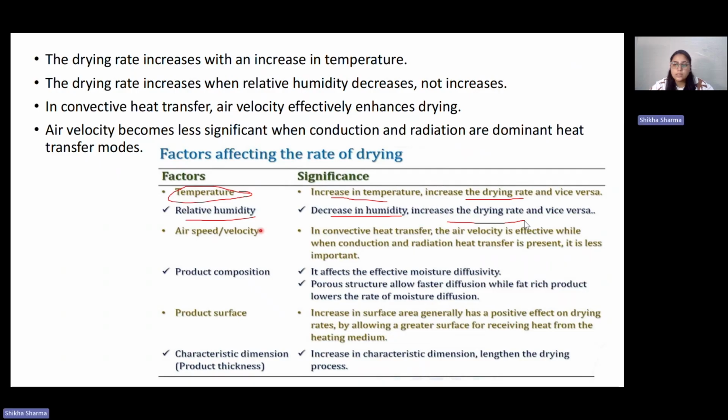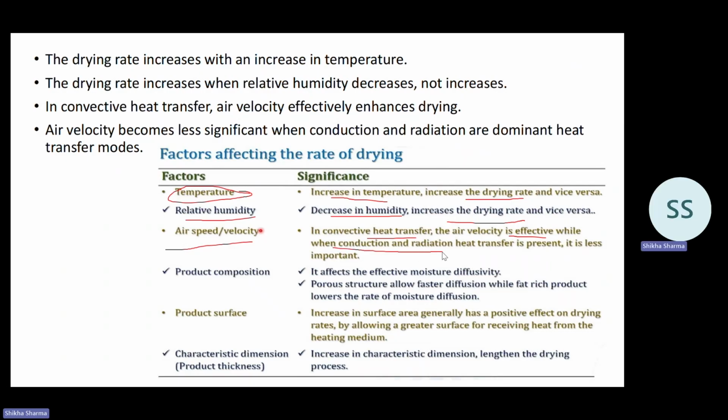So there is an inverse relation between relative humidity and rate of drying. Then air speed and velocity. In convective heat transfer, air velocity is effective, whereas in conduction and radiation heat transfer it is less important, because air speed is more important in convective type of heat transfer.